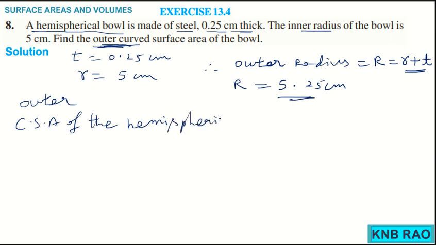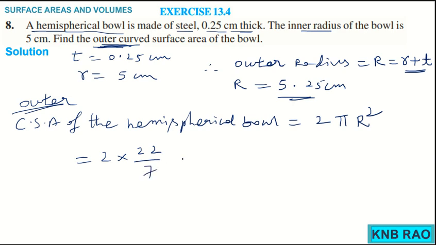The curved surface area of a hemisphere will be 2 times pi capital R square. Why? Because the outer radius is to be taken for the outer surface area. So, 2 into 22 by 7 into 5.25. 5.25 can be written as 21 by 4 into 21 by 4.